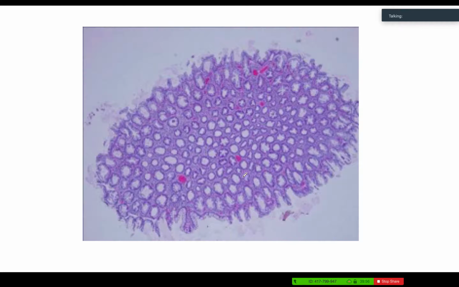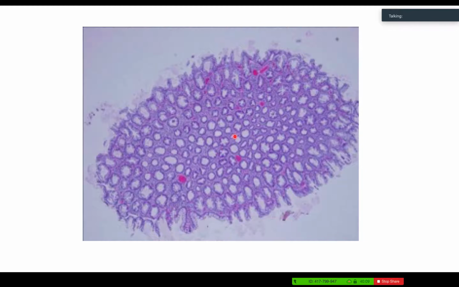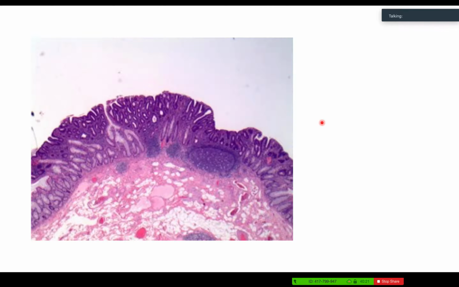Okay, this will be a normal polyp, one of our hyperplastic, non-neoplastic polyps that we talked about. Smaller, majority located in rectosigmoid area, relatively common. Okay, and why do we say that? Because we see a lot of normal colonic tissue. We don't see dark cells, and so this would just be a hyperplastic polyp.